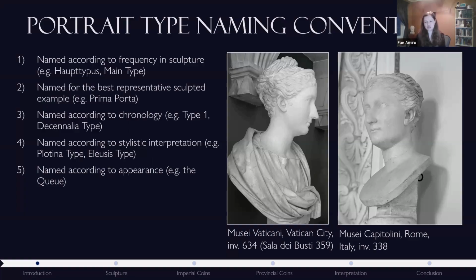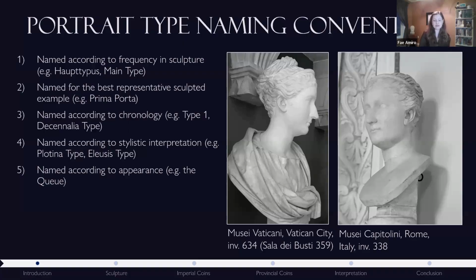So we get into these awkward situations where later scholars are talking about the portraits of someone and they say so-and-so's type 2, which is so-and-so's type 4, right? So it can get a little muddy in that respect. And of course, it can also bias the reader if the interpretation is already in the name.